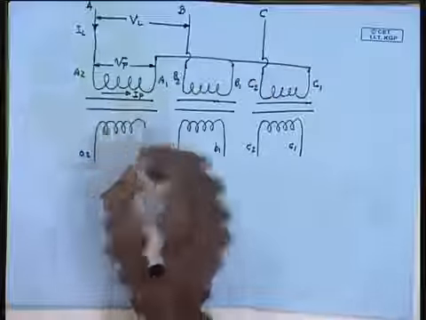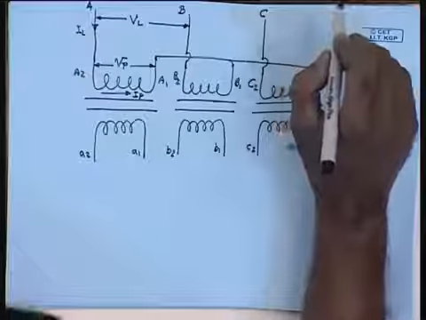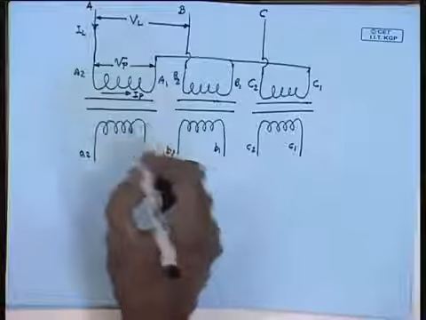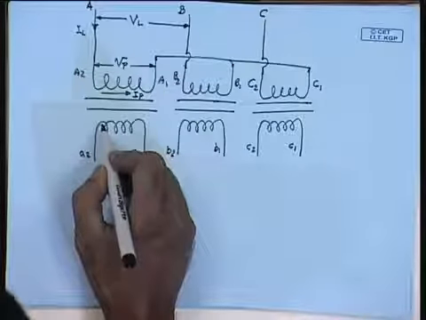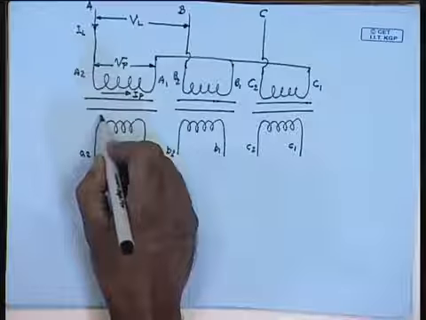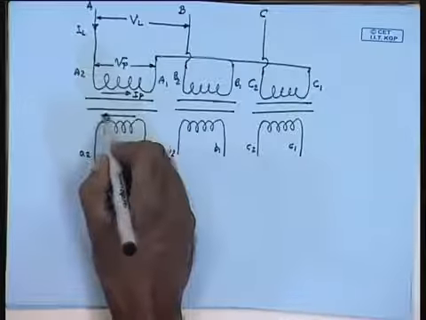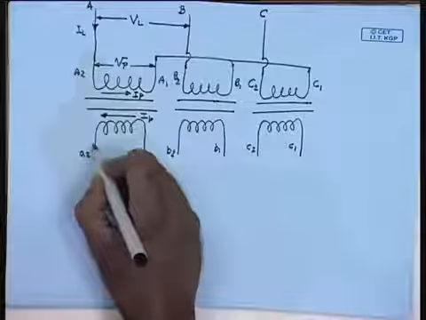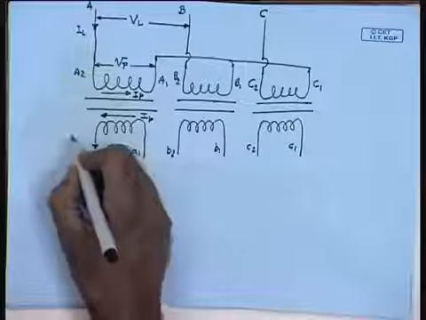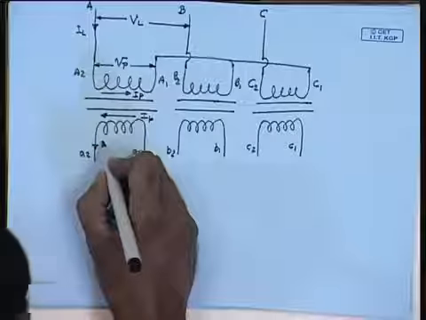Similarly, this is the phase current on the LV side I small p, and this is the line current on the LV side I small l.